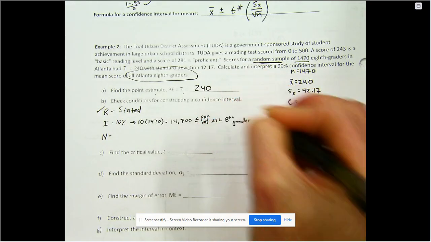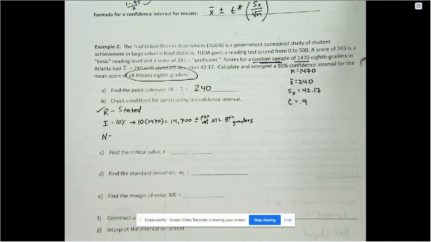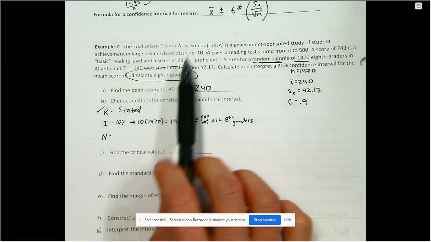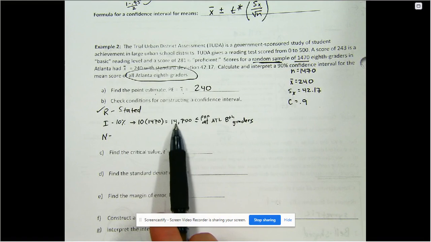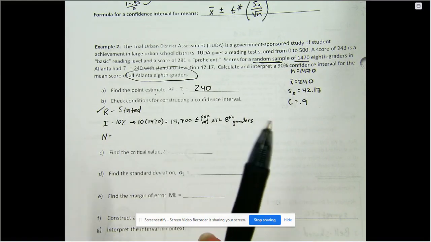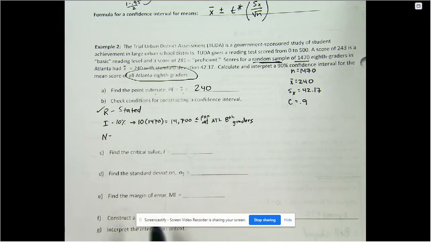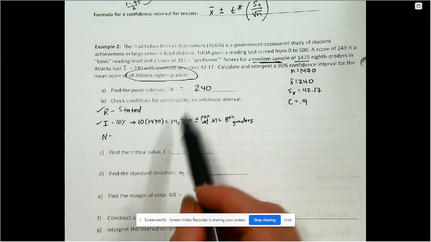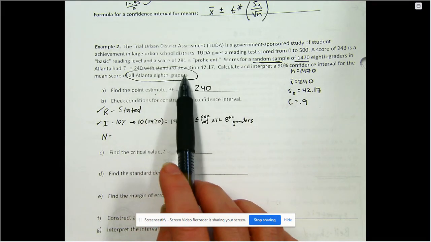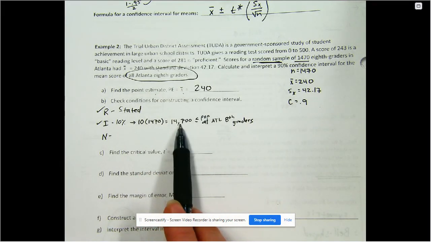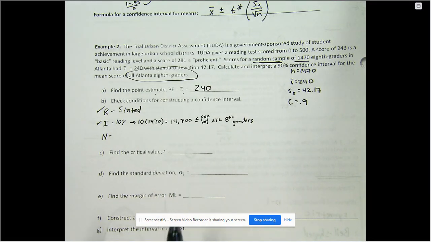Now, Atlanta is a really large city, but if you were the person running this study, you would need to make sure that there are more than 14,700 8th graders in Atlanta. I think this is reasonable. It's a big city. I think there are more. So we're going to say that seems reasonable. But if you were the person running the study, you would have to make sure that there are more than 14,700 8th graders. Otherwise, you would just need a smaller sample.